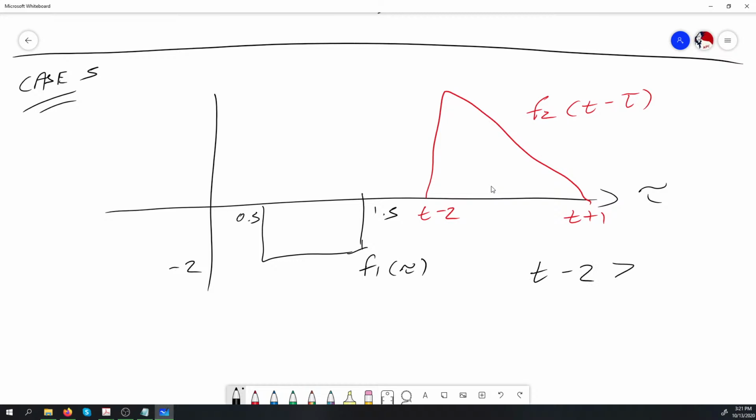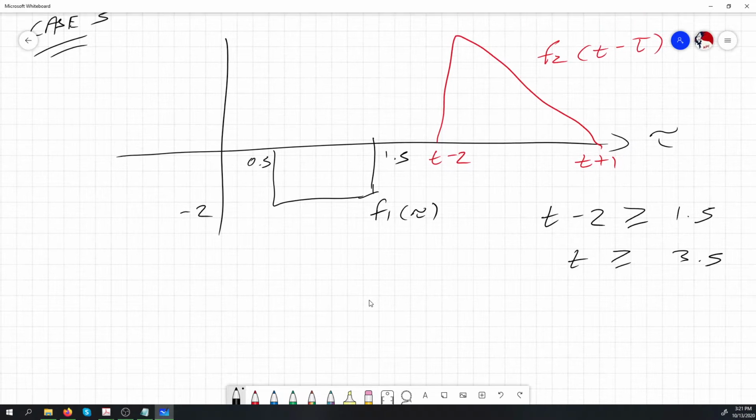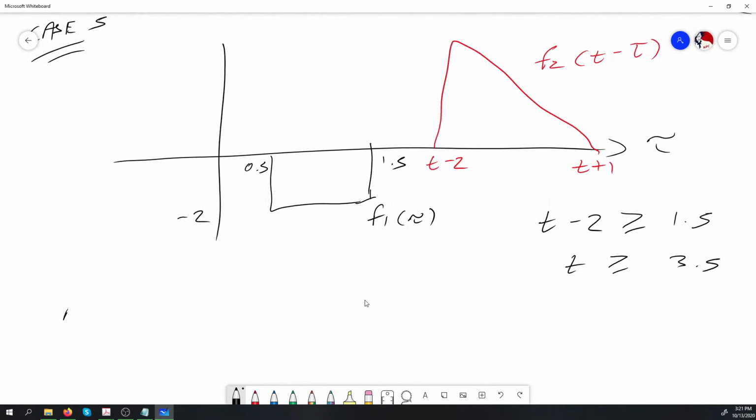We say t minus 2, in this case, has crossed the 1.5 here of f1 of tau, so it is more than or equal to 1.5. So t here is going to be more than or equal to 3.5. There's no overlap, so y of t here is basically equal to 0.